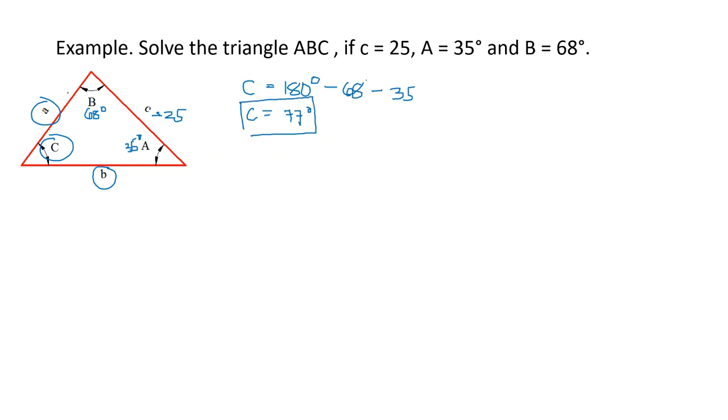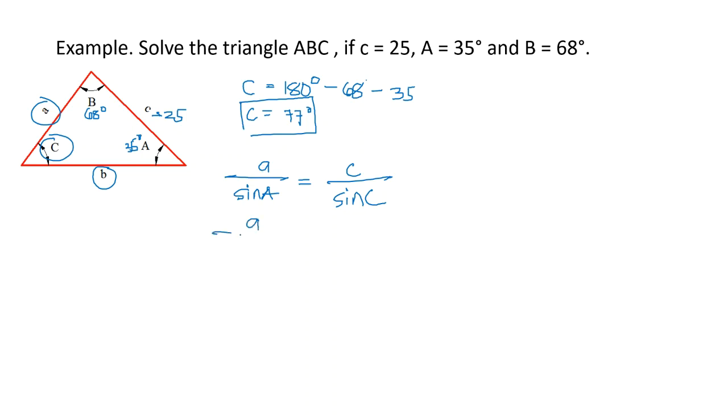Now we can solve for either side A or side B by sine law. We have a value for side C and we already have a value for the angle C. So we can use A over sine A is equivalent to C over sine C. Again, you have to find a formula where only one unknown variable is left, which is here, only A is unknown.